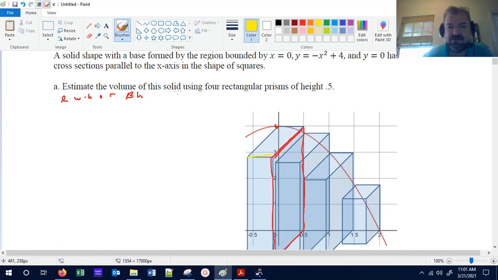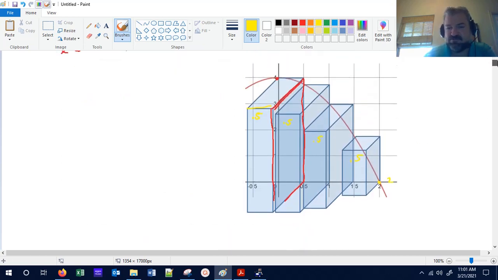If we're going to be using 4 rectangles and we're going from x equals 0 to this intersection with the x-axis at 2, then I'm going to have to make each one of these 0.5 so that I can go from 0 to 0.5 to 1 to 1.5 and then all the way to 2. And you can see how these prisms actually change in size as we move. And I'm using a left-endpoint approximation, if you will.